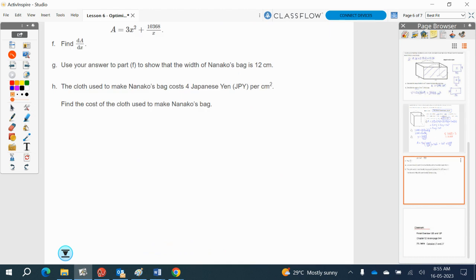Okay, so what's the derivative going to be? Work it out for yourself. Work out the derivative.